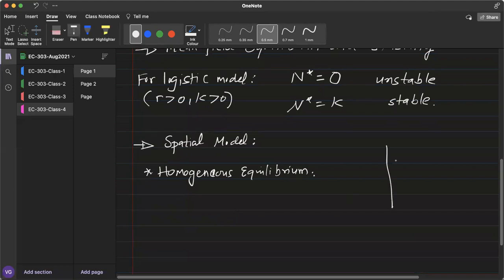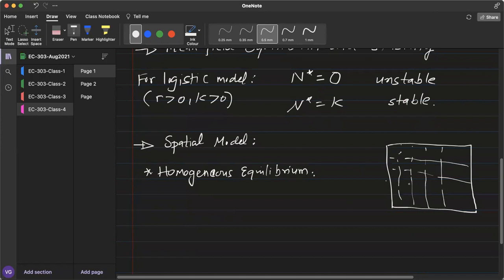So let's write this on the side here for a cartoon picture of space. I can divide the entire space into square grids. A pretty bad picture as always by me.